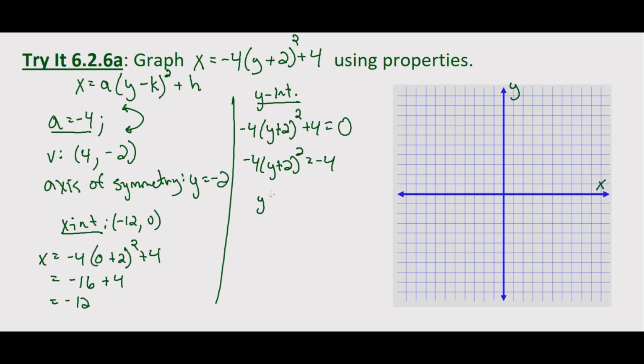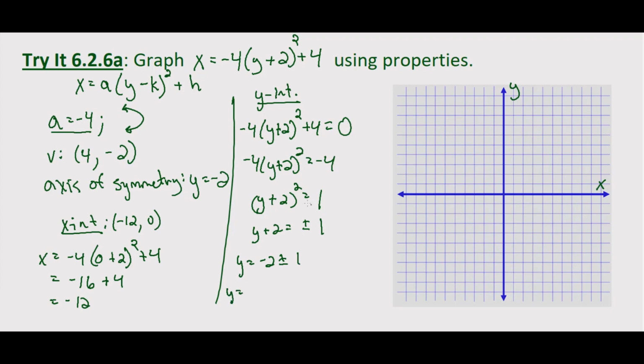Divide both sides by -4, and we get (y plus 2) squared equals 1. And then when we take the square root of both sides, we get y plus 2 equals plus or minus the square root of 1, which is just 1. So y equals -2 plus or minus 1.